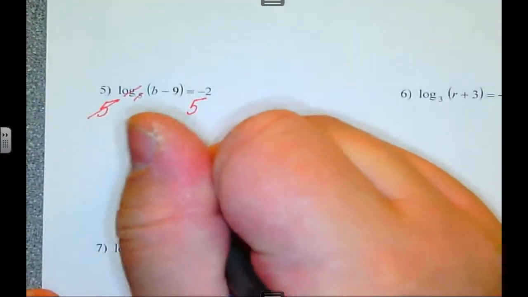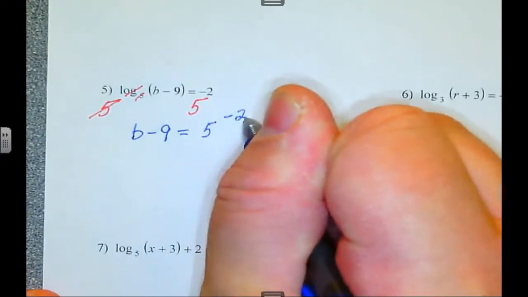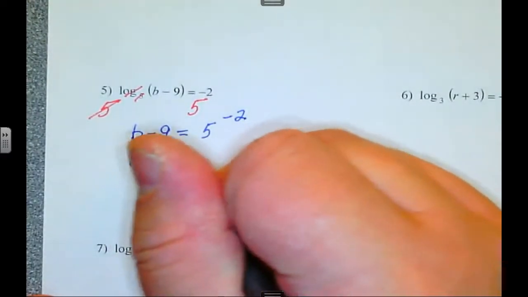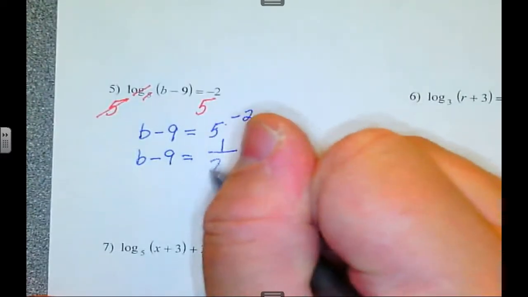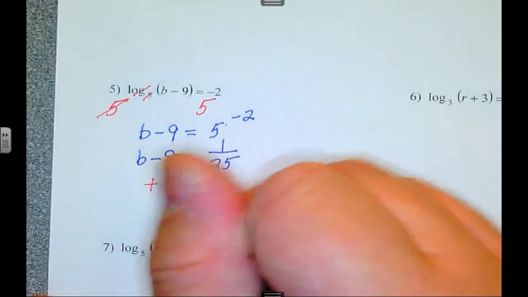I get b minus 9 equals 5 to the negative 2. 5 to the negative 2 is what? Well, 1 over 5 squared, which is 1 over 25. Okay, add 9 to both sides.